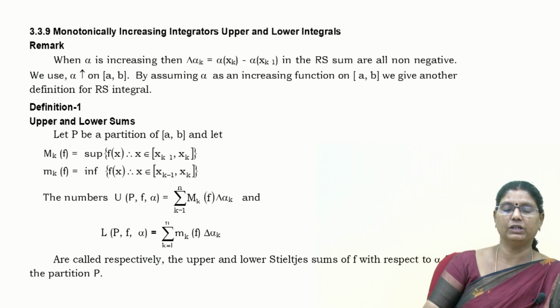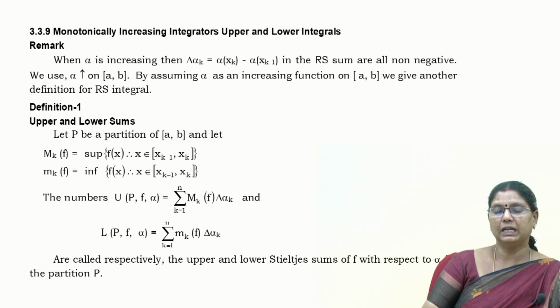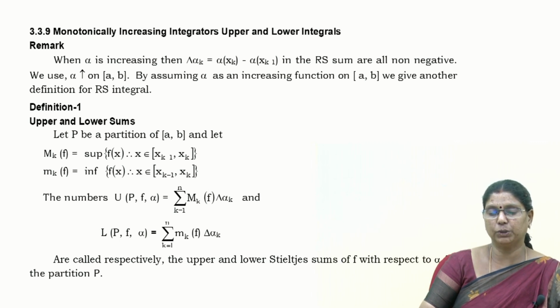So, here we are going to see the upper and lower sums. Let P be a partition of the closed interval [a, b], and let capital Mk of f be the supremum of f of x such that x belongs to the closed interval [xk minus 1, xk], and small mk of f be the infimum of f of x.